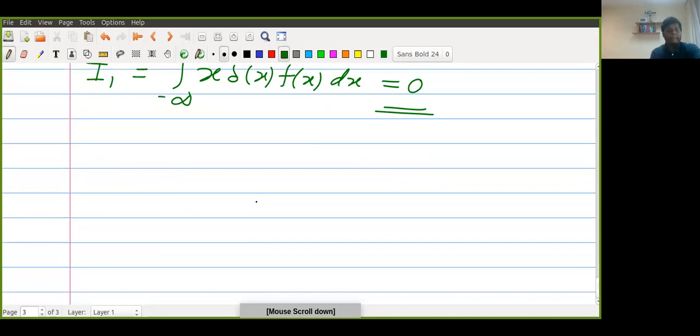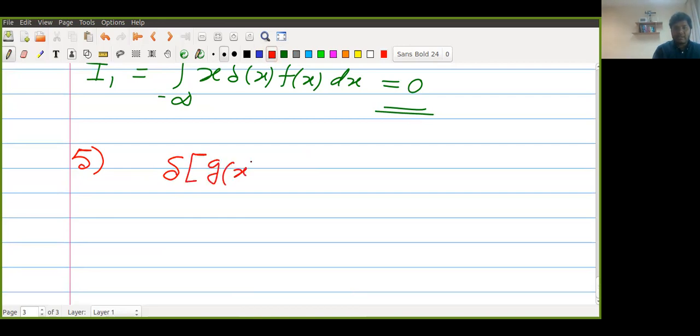Also you can prove another. Now there is another important identity which I am going to define. I am not going to prove this identity, but I want to use it. So this will be the fifth one. In a future video, I'll derive this formula also. So I define one functional, a function of a function.